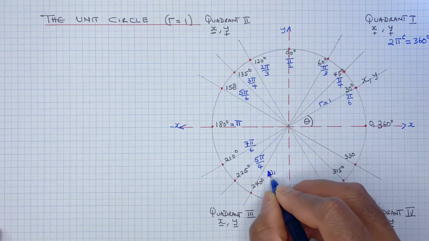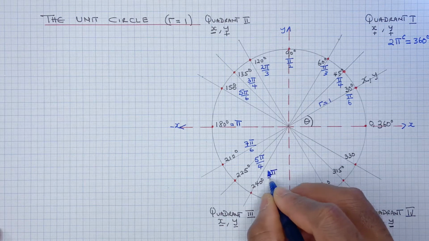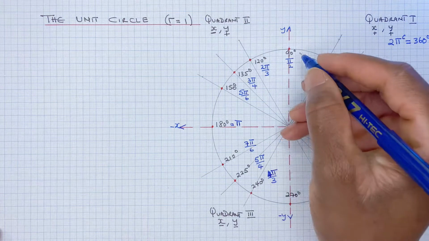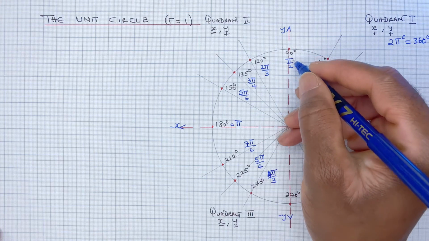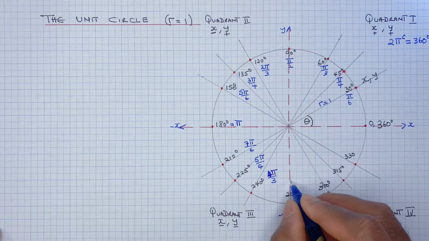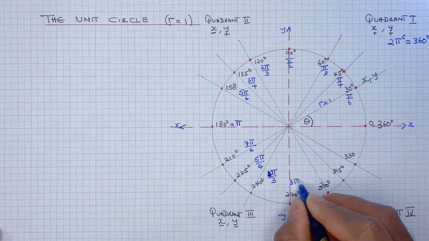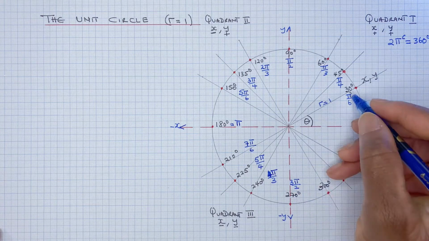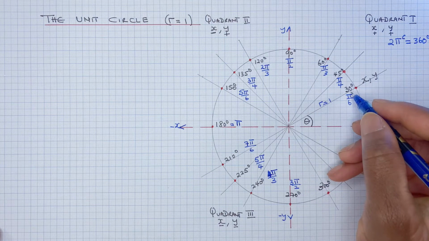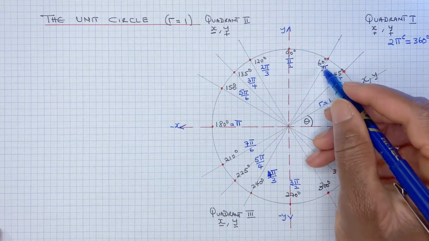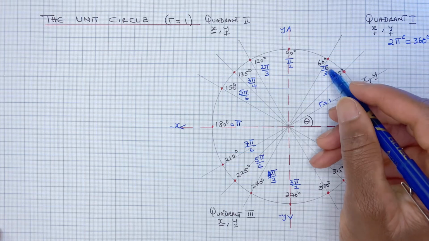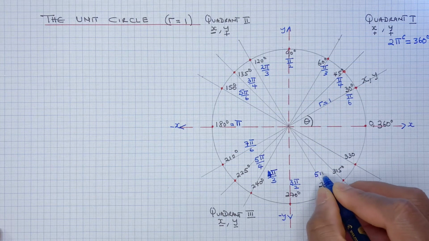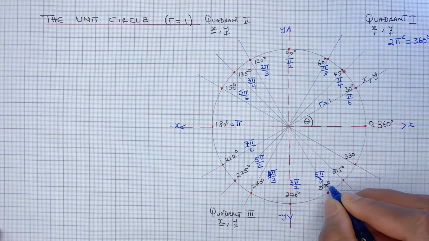240, times pi over 3, times 60 by 4, you get 240. So that's 4 pi over 3. 270. If you times 90 by 3, you get 270. So that will be 3 pi over 2. 300. 30 by 10, you get 300. Or if you times 60 by 5, you get 300. So that would be 5 pi over 3.